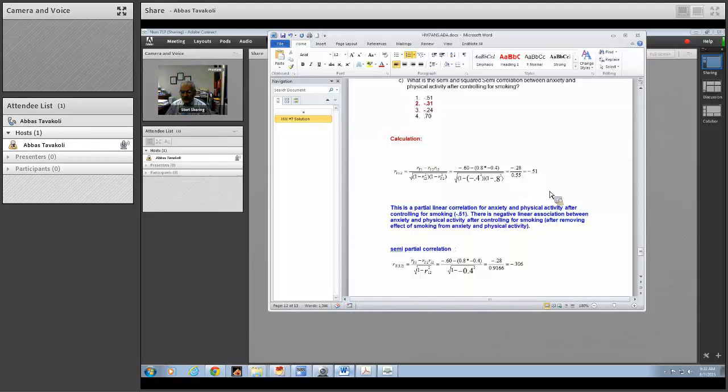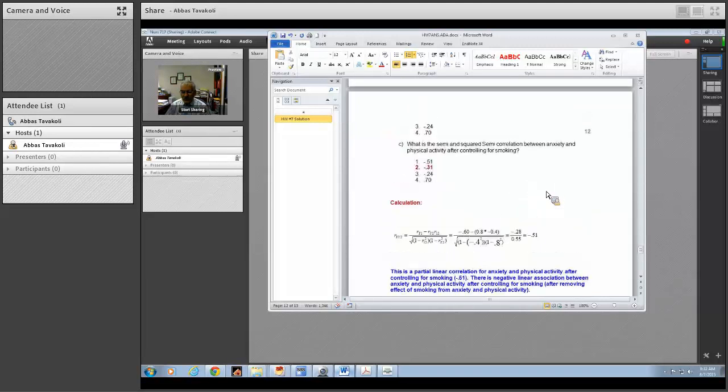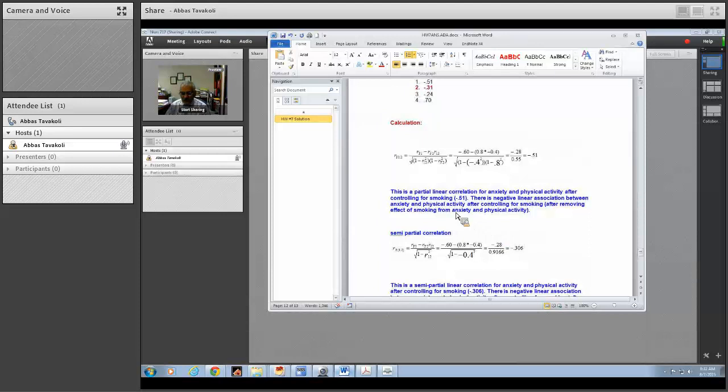If you calculate that, you get negative 0.51, which tells you there is a negative linear association between anxiety and physical activity controlling for smoking, after removing the effect of smoking from both variables, anxiety and physical activity.